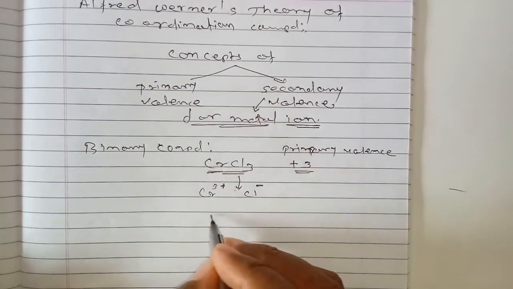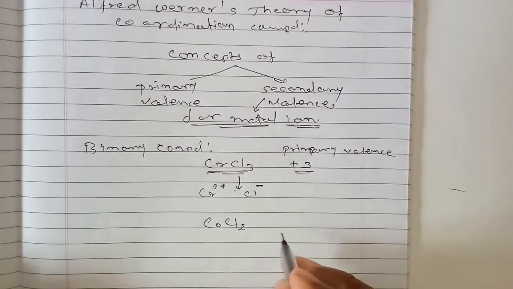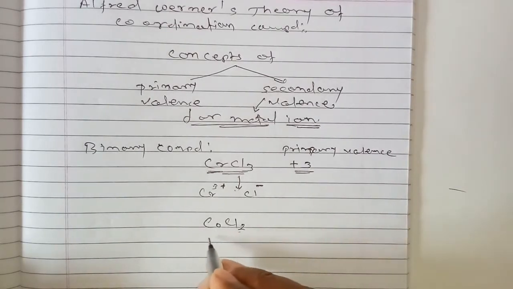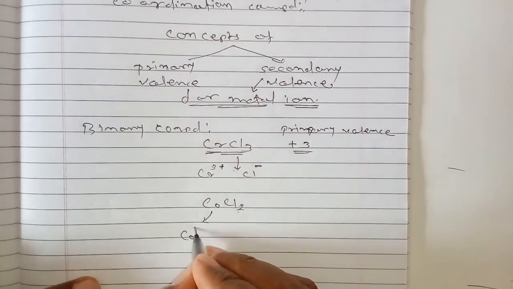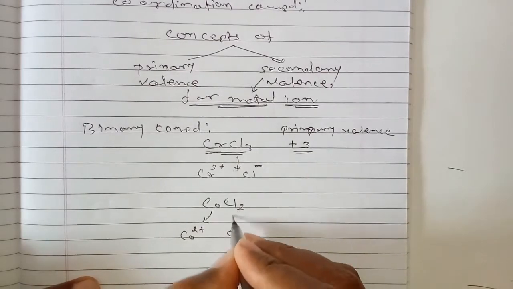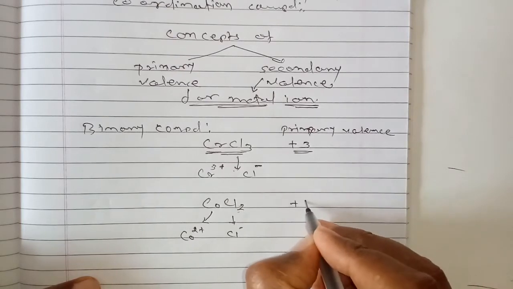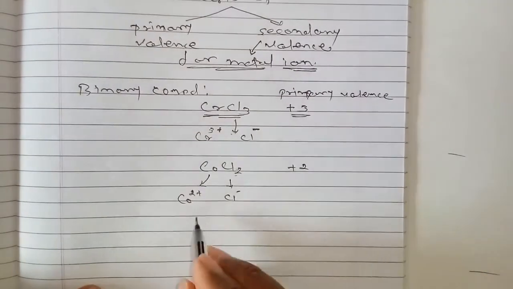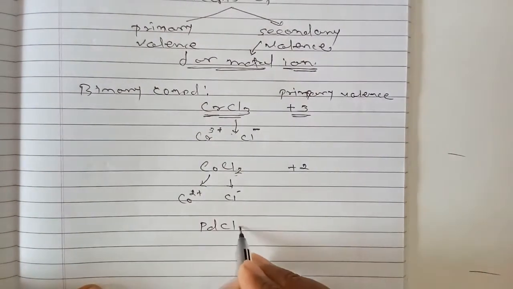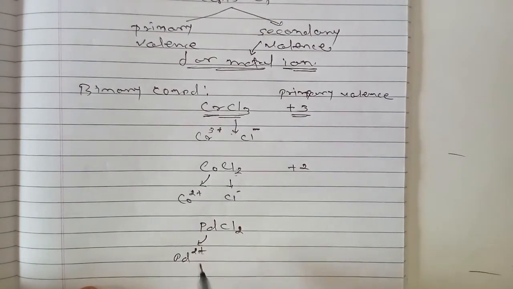Then CoCl2, cobalt chloride, has plus 2 charge, and for chlorine it is minus 1 charge, so its primary valence is plus 2. Same in palladium chloride, PdCl2, Pd has valence plus 2.